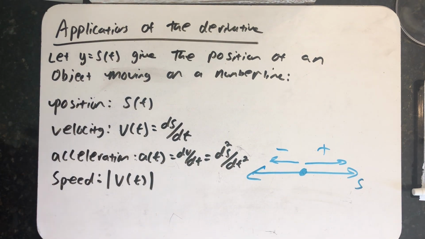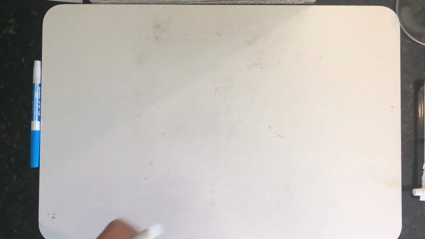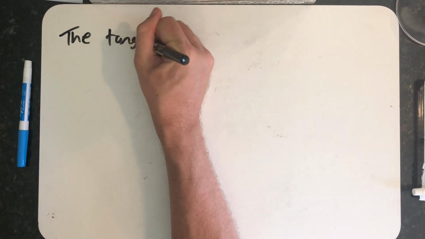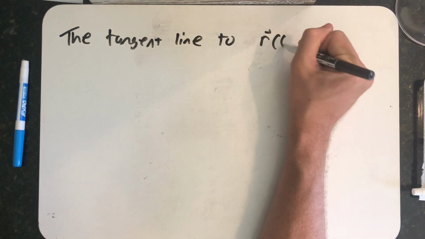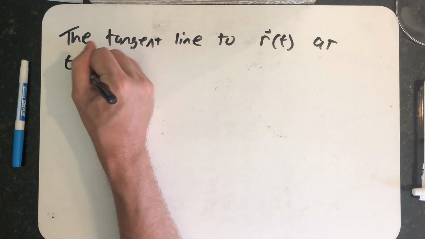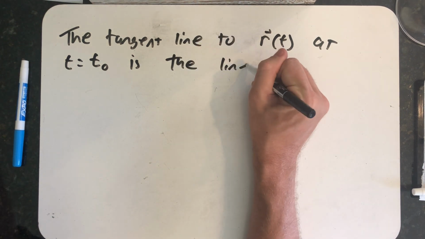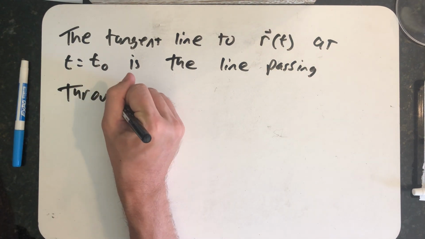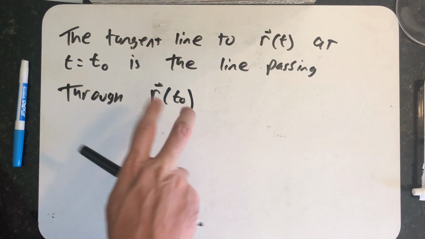All right, so those physical applications are really important. They're the same ones we're used to from Calc 1. One other concept is the idea of tangent line. The tangent line to r of t at t equals t naught is the line passing through r of t naught, literally giving me a point on the line, right?